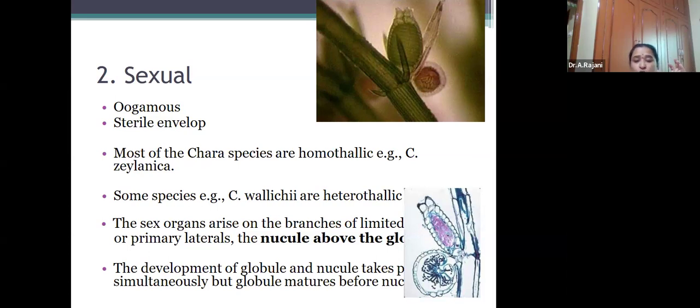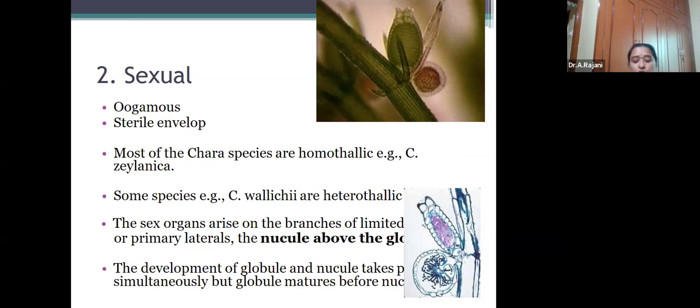This question is also asked many times. The male reproductive organ, very easy: not antheridia and archegonia. Here the names are most important; keep them in your mind. These are the male and female reproductive organ names. Male is globule, female is nucule.